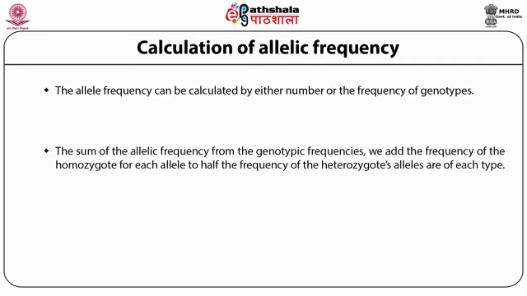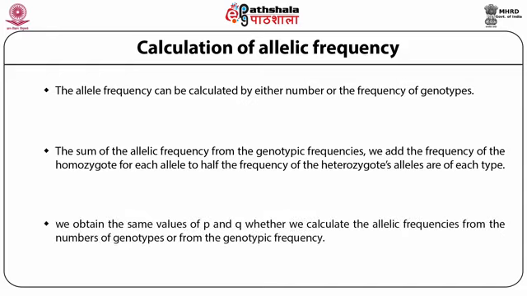To get the allelic frequencies from the genotype frequencies, we add the frequency of the homozygote for each allele to half the frequency of the heterozygotes. We obtain the same values of p and q whether we calculate the allelic frequency from the number of genotypes or from the genotype frequencies.